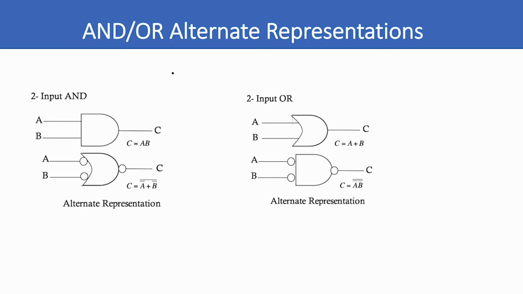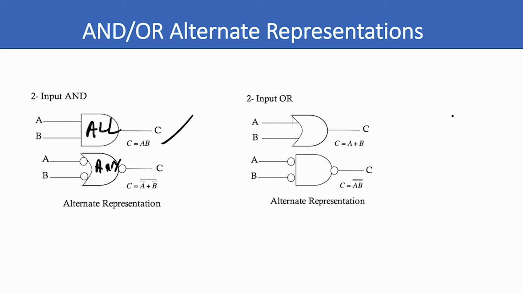Let's look at some more examples of alternate representations, and we're going to look at an AND and an OR gate. And again, we know this is an all, and this is an any. So what this says is all highs give a high, and that's this classical AND gate. The alternate representation says any low gives a low. Okay?